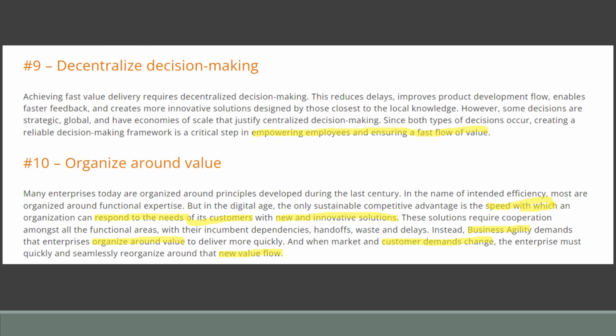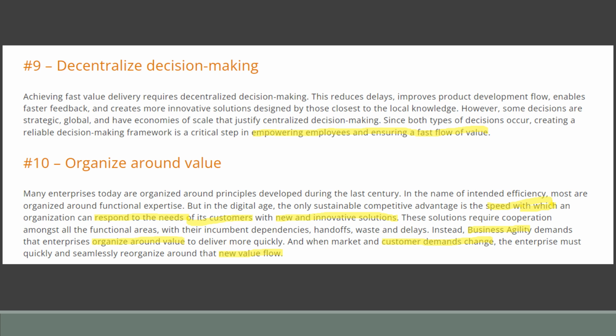But that also might have dependencies, because the solution requires cooperation among all the functional areas. In the context of business agility, that demands an enterprise organized around the value. You need to identify the value streams in your organization.